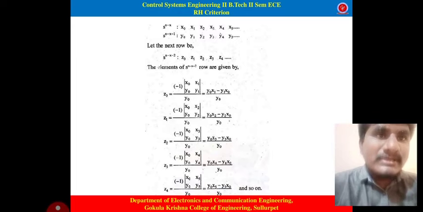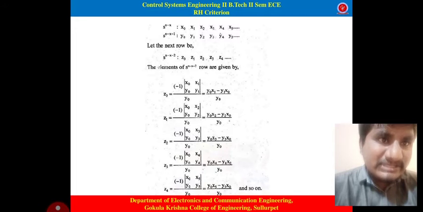You observe here, the first two rows are already written, something like x0, x1, x2, x3 and so on. Similarly, the next row is also written: y0, y1, y2, y3 and so on. Then the next row, z0, z1, z2, z3 and z4, we are going to write using the above two rows. How?